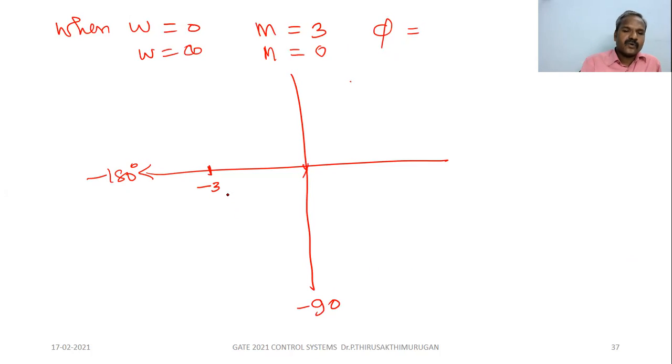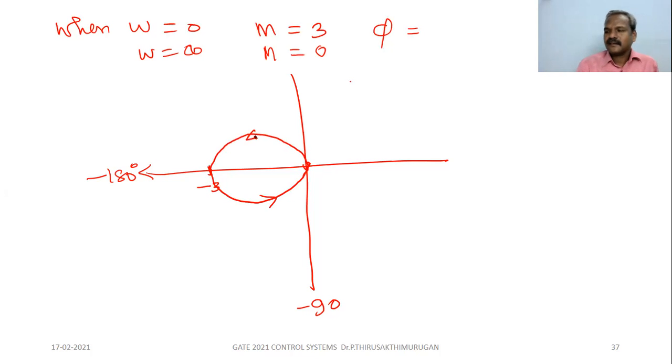Understand? So when omega is 0, it starts from minus 3 and terminates at minus 90 in this direction. So this is one part of the Nyquist plot. What about the inverse Nyquist plot? It is the symmetrical mirror image of this.